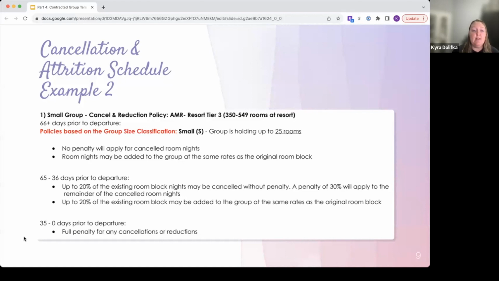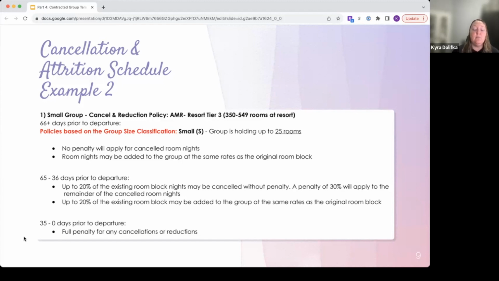Because when you have a policy like this that says room block nights, those nights are going to add up. So if you have all the rooms blocked for 7 nights and you have 10 rooms that only want 5 nights, that's an additional 20 nights. You have 10 rooms not using 2 nights. That's 20 room nights that you've got to reduce. And that's when a policy like this comes into play.